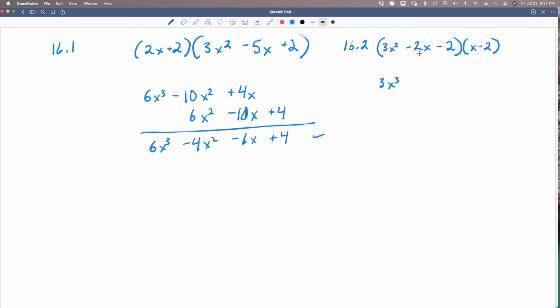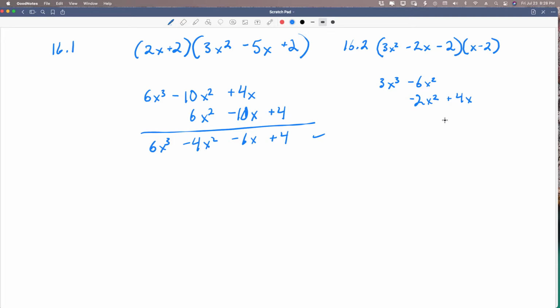And then we're going to do negative 2x. Oh, I'm sorry, we didn't finish. 3x squared times negative 2 is negative 6x squared. Now we have negative 2x times x. That's going to give us a negative 2x squared. Negative 2x times negative 2 is going to give us a positive 4x.